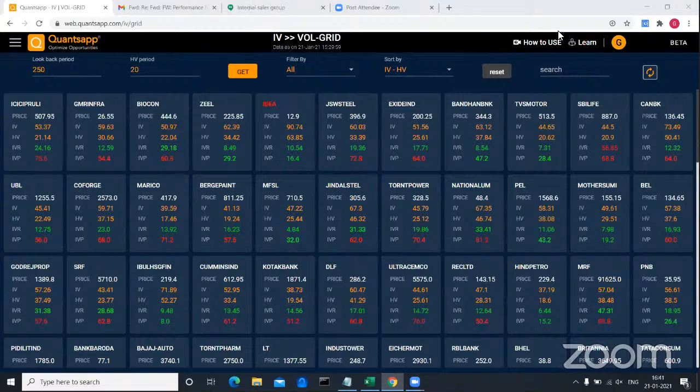Does anyone want to put any view on the IVR and the IVP? One by one, we are going through the whole IV toolkit, I would say. I'm looking forward from your side as well, if somebody can tell me about the IVP and IVR, or somebody wants to try.